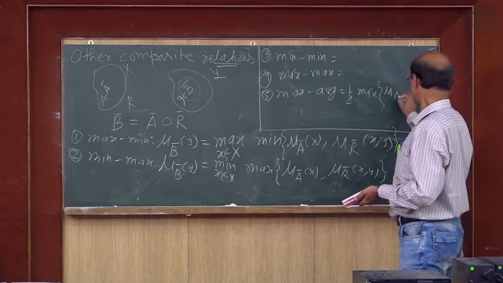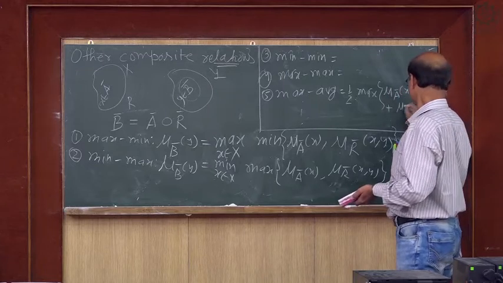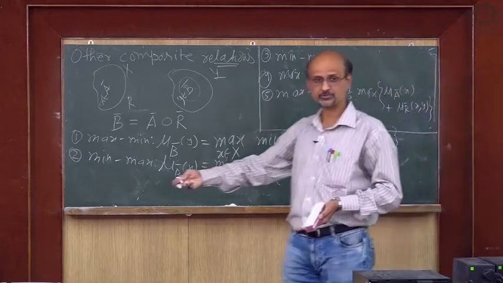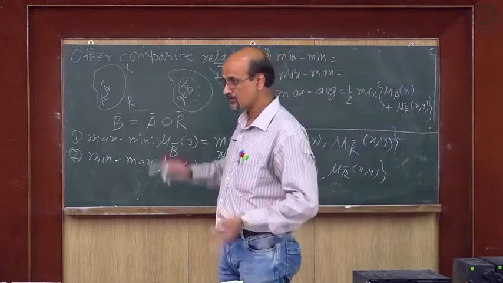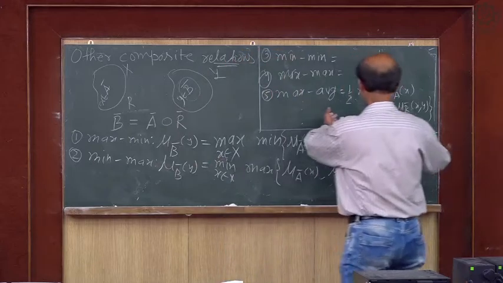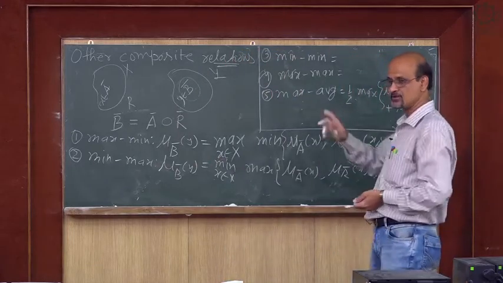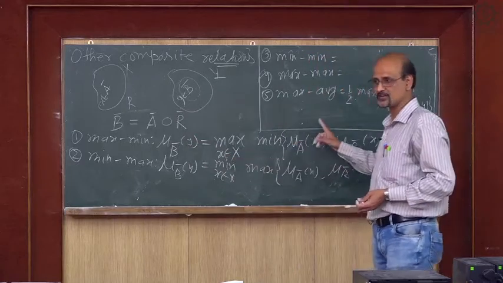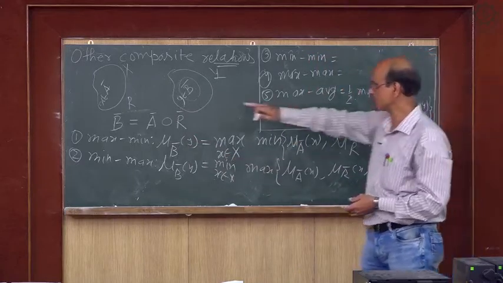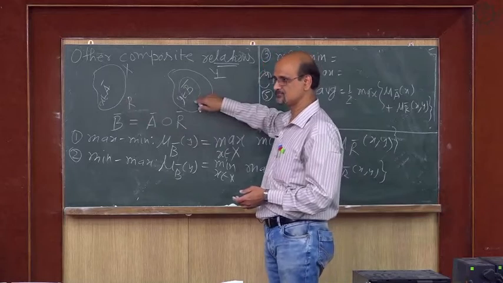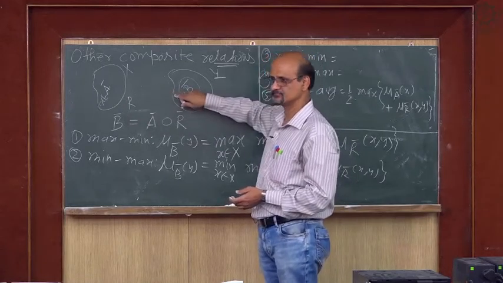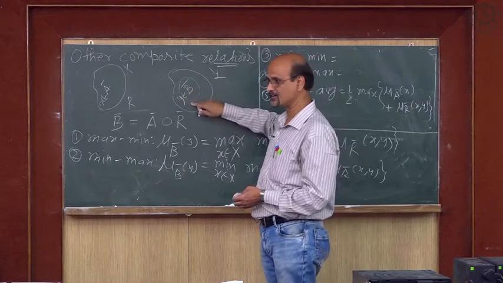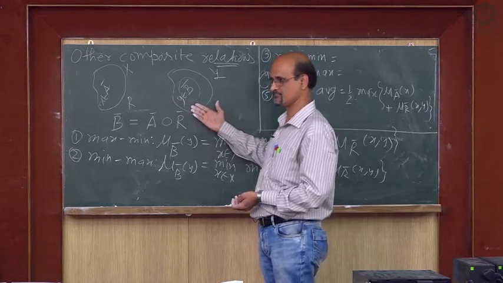So, mu A bar x. There are other operators in terms of f also, so f is a function of mu A bar x, mu R bar, because those things are used again in artificial neural networks. There, input is there, output is there, I have to find this function, means what is y, I have to find y.